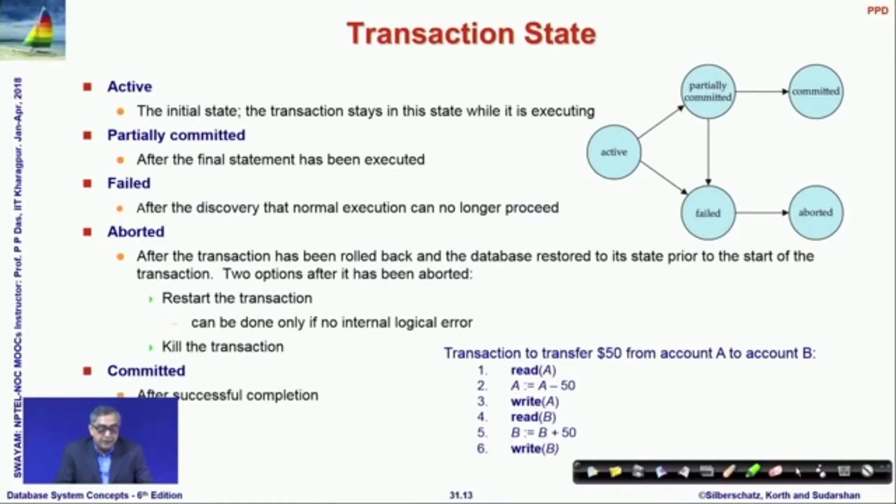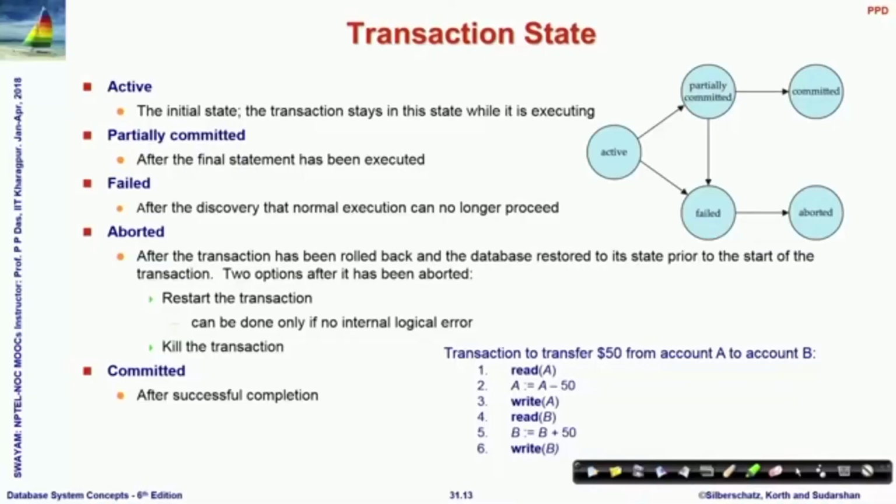In the other case, if it were partially committed, then all instructions had completed, and bookkeeping and other actions were required. If there is some failure during that time, from partially committed it comes to the failed state and then goes to the aborted state, as I have already explained. Or it actually commits all the changes correctly, has completed successfully, and goes to a committed state where the transaction has successfully finished.